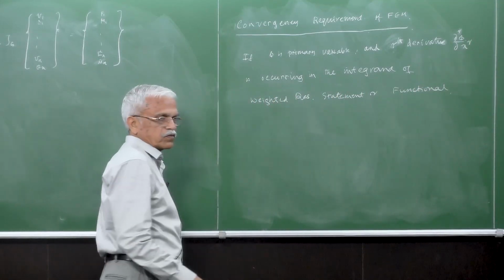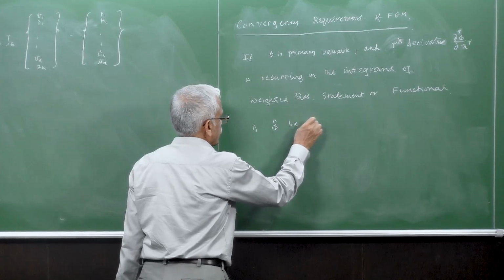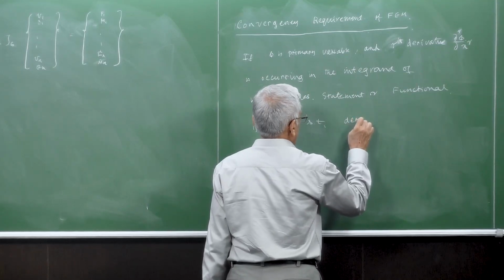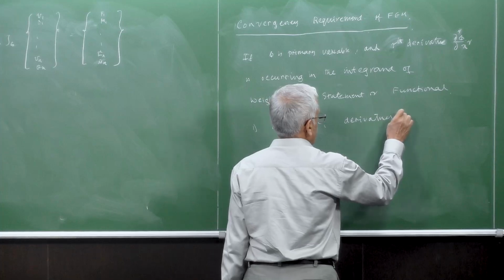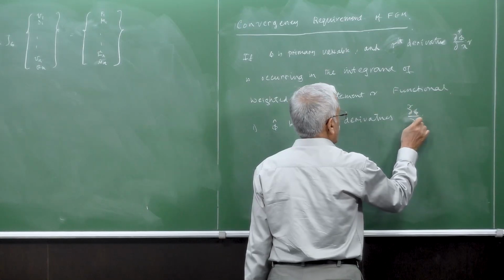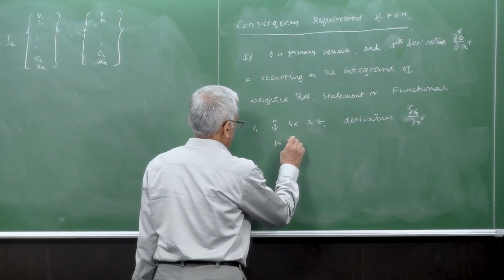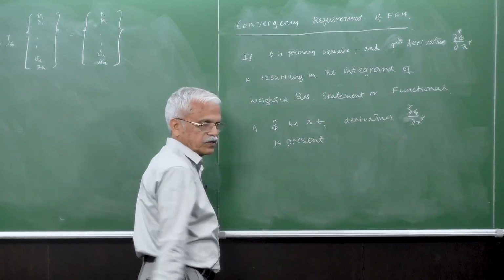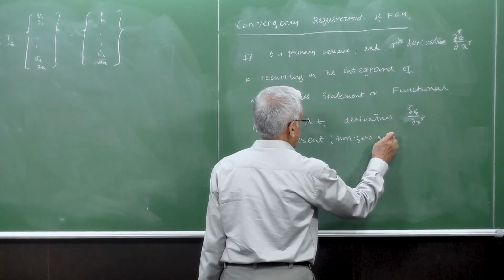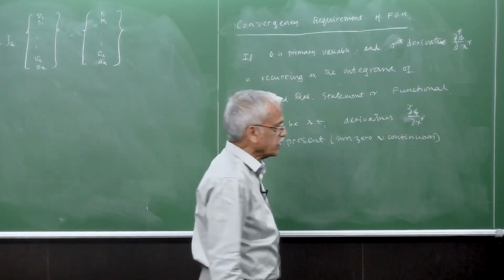So we should make sure then that phi hat is such that the derivatives up to the rth derivative, because you have an rth derivative in the integral, are present in the sense that they are non-zero and continuous within the element.